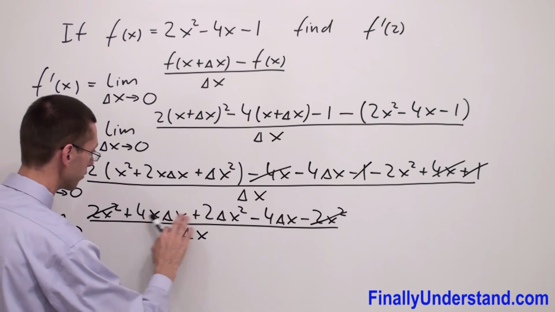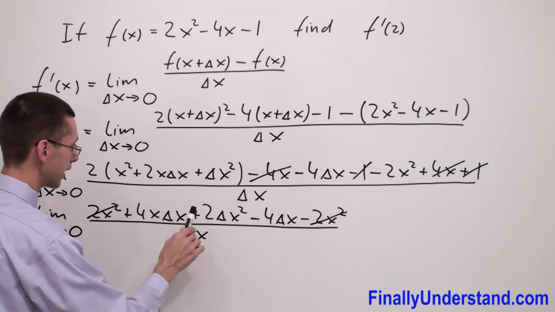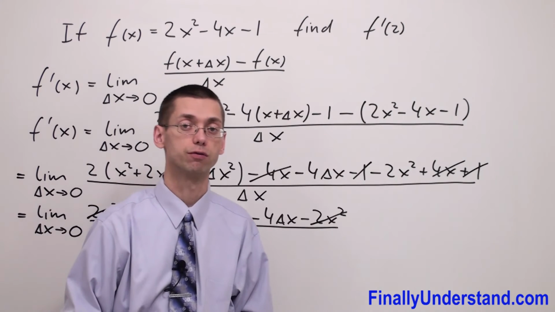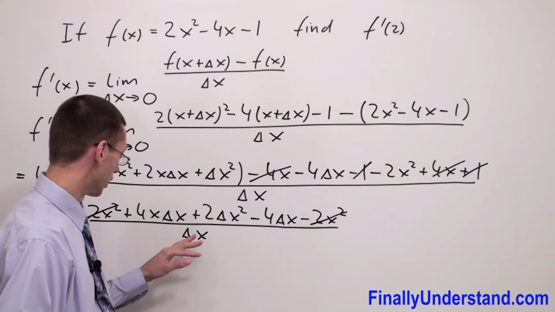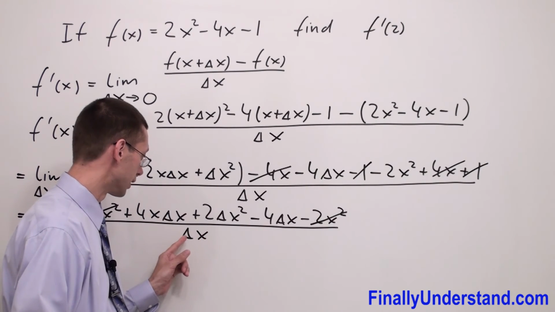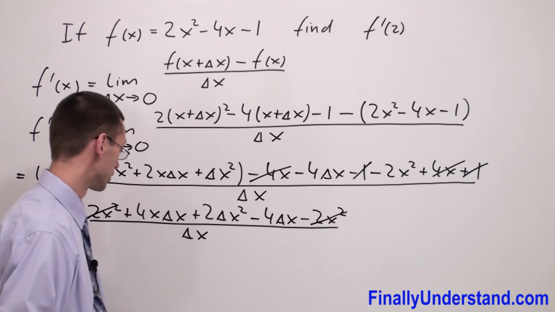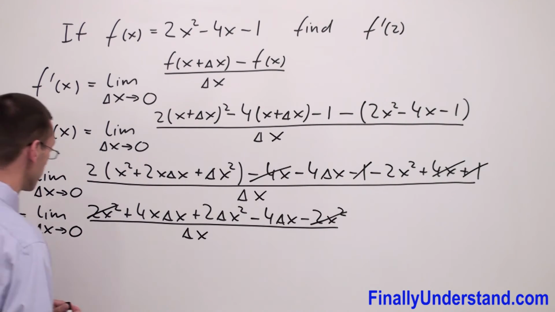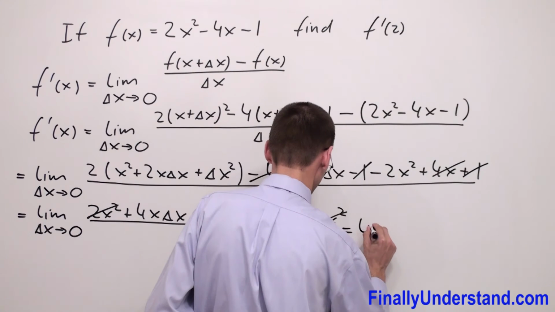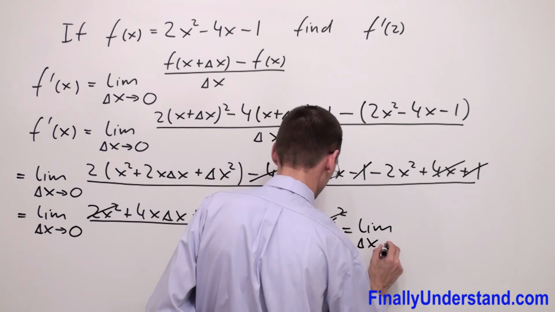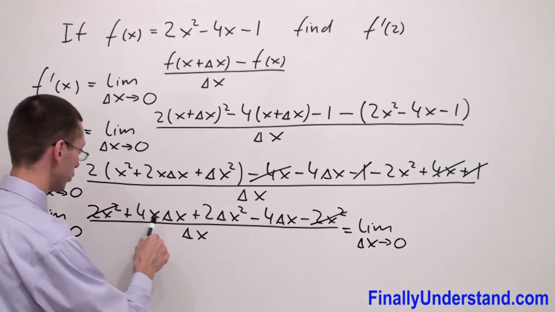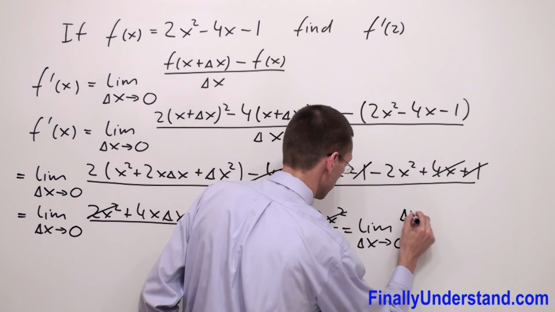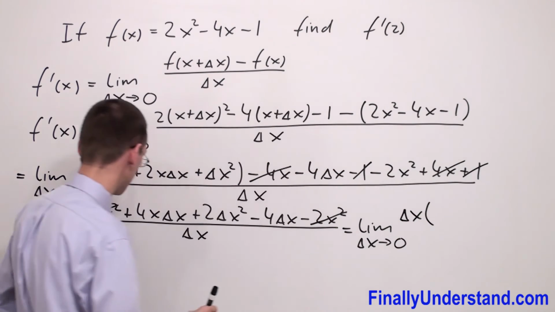Okay, and next please notice that from whatever is left we can factorize delta x. Someone is going to ask why we're supposed to factorize delta x, because the delta x in the numerator is going to help me eliminate delta x in the denominator. And this is basically what I want to have. So I have limit with delta x approaching 0, and in the numerator I'm going to have delta x, and what is left?